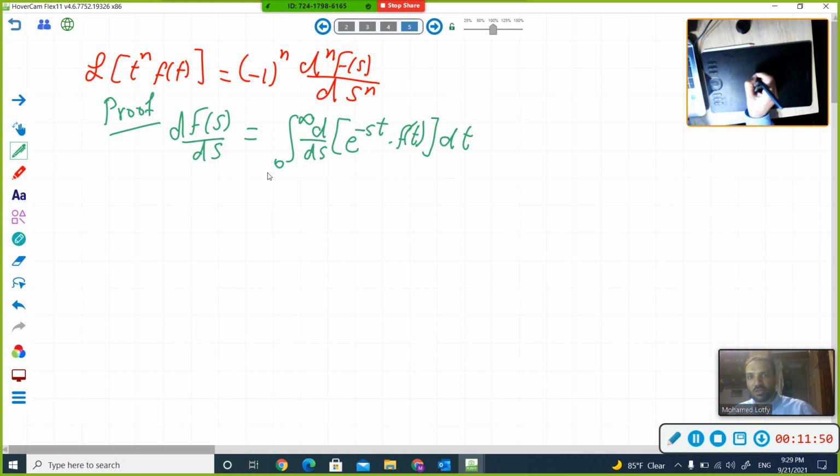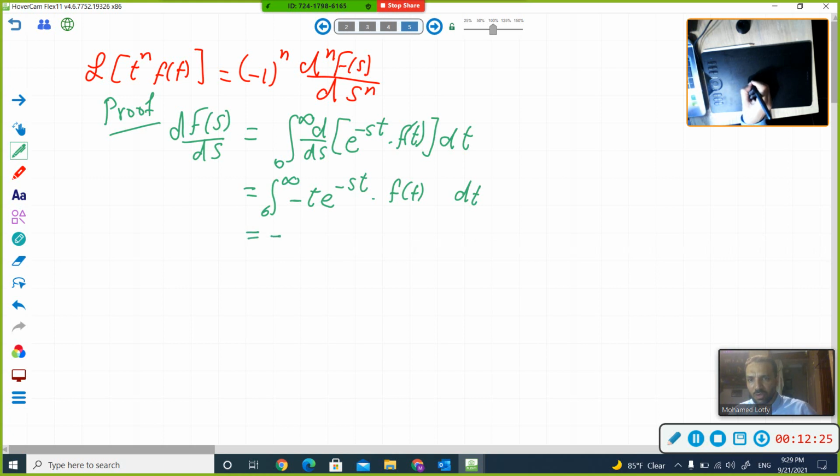So the result will be the integration from 0 to infinity of the derivative of the exponential function, which is e to the power negative st times t under a negative sign, because we are differentiating with respect to s, times f(t), which is constant with respect to the current differentiation, dt. Let's rearrange.